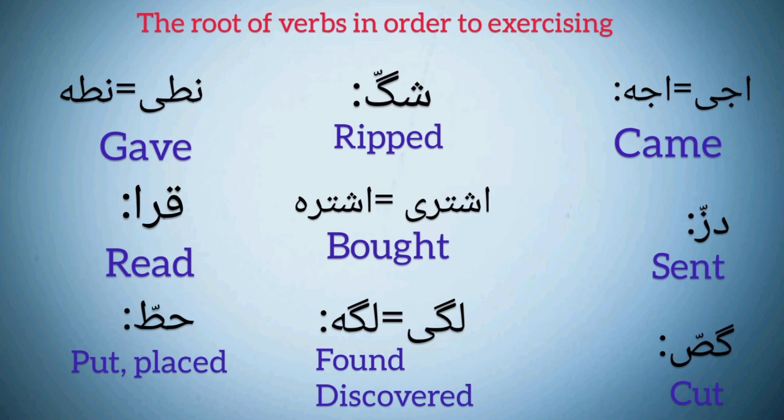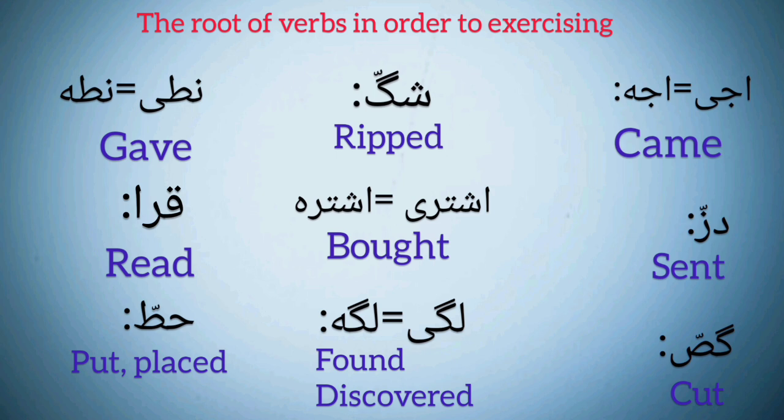اشترى. In this one, as you see, this root has 5 letters. In previous lessons we said that roots have 3 letters, but sometimes we have 5 letters in a root. But the roots that have 5 letters or 4 letters are fewer than those with 3 letters.